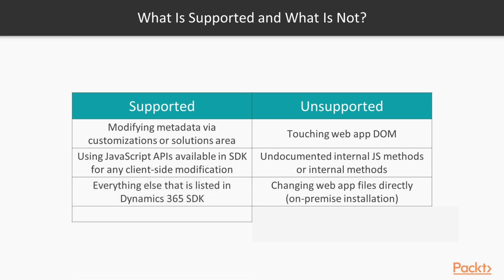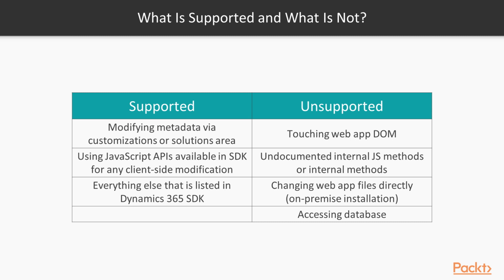Now, the third point, and a pretty important point for any on-premise installation: if you change the web app's files, all the ASPX pages or anything of that sort, it's all unsupported. And the last thing is accessing the database. Although this doesn't apply for online installations because you don't even know where your database is, right?